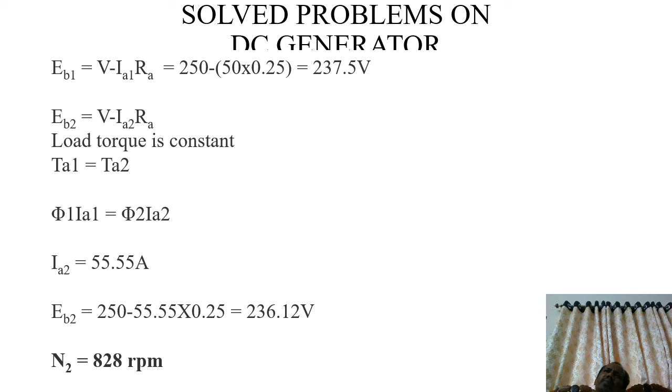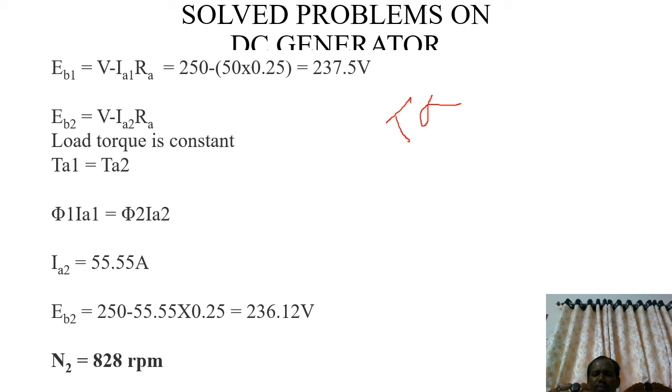Torque is directly proportional to phi I. You can write the equation like this: torque TA is directly proportional to phi into IA. Once torque is constant, T1 is equal to TA1.